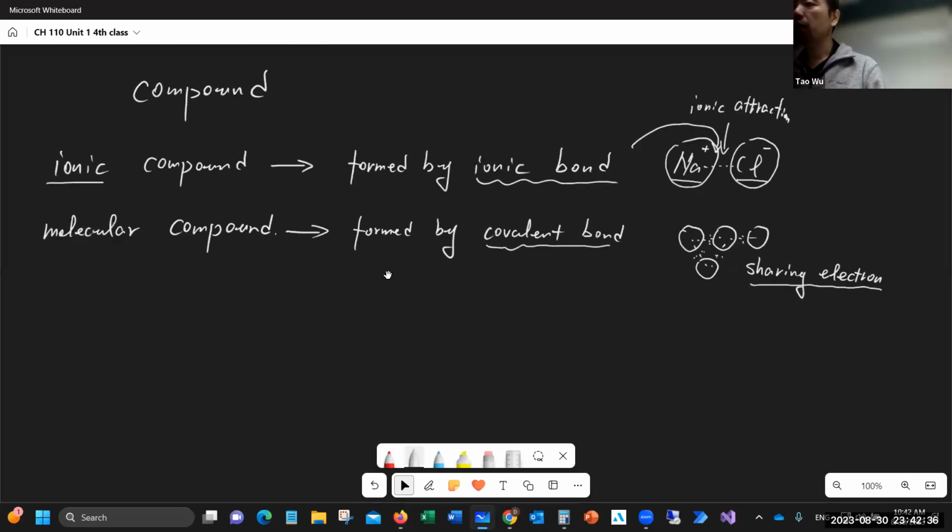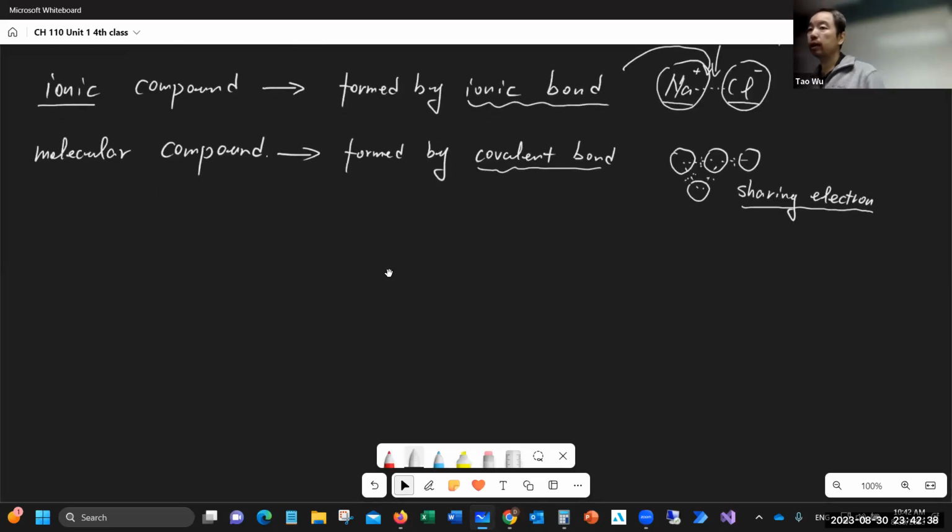That's why writing the ionic compound and the molecular compound formulas is a little different. First we're going to talk about the ionic compound. Majorly, the ionic compound is made by metal plus non-metal.